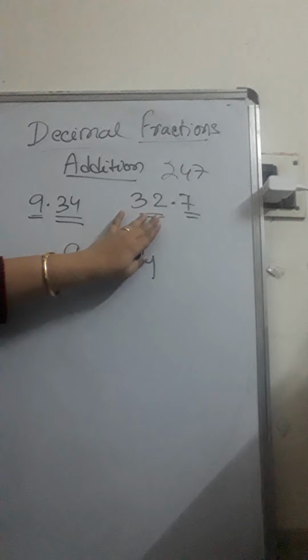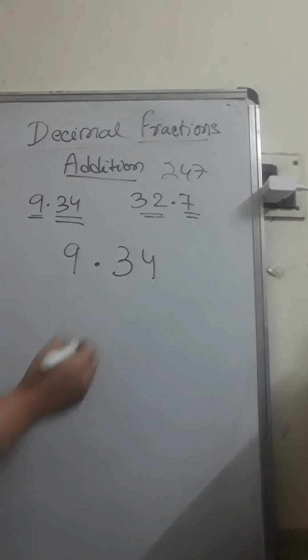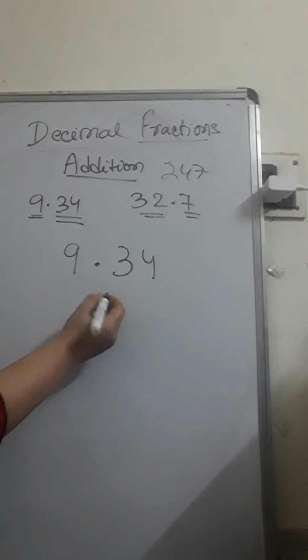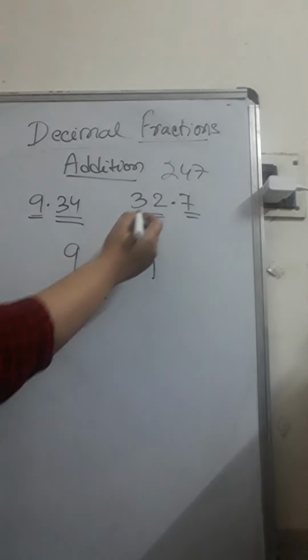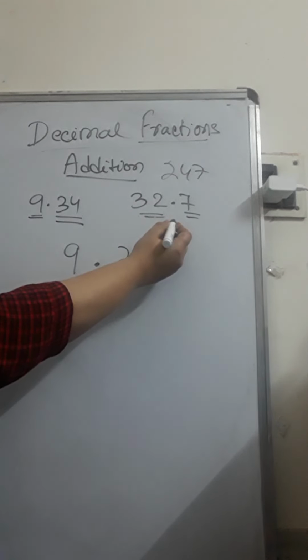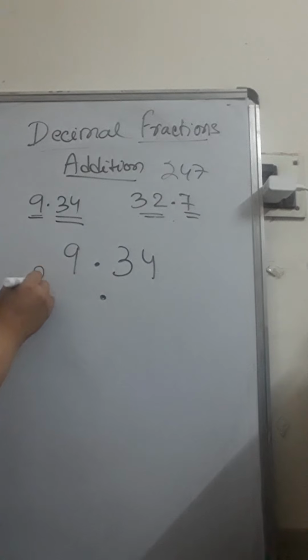So 32 is the whole number part, so it will be written before the point. How will you write before the point? See, 32. 3 is in the tens place, 2 is in the units place. So 3, then 2. Why under 9?